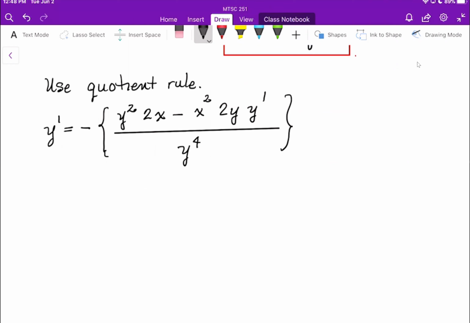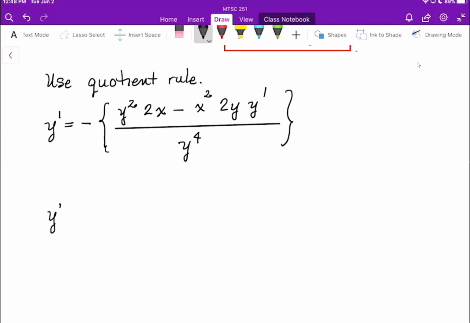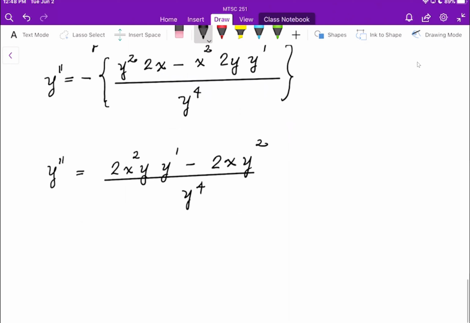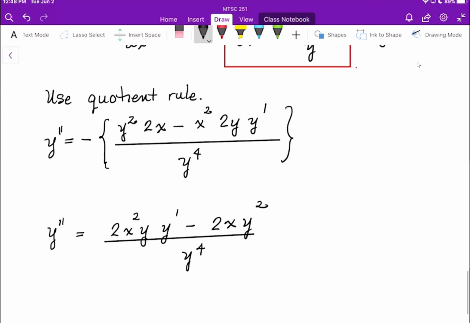So let's push this negative through. This is y double prime. Y double prime is equal to 2x squared y times y prime minus 2xy squared, divided by y to the fourth. So now we need to substitute here this y prime.